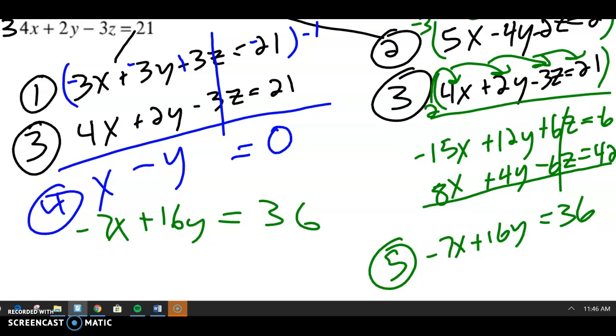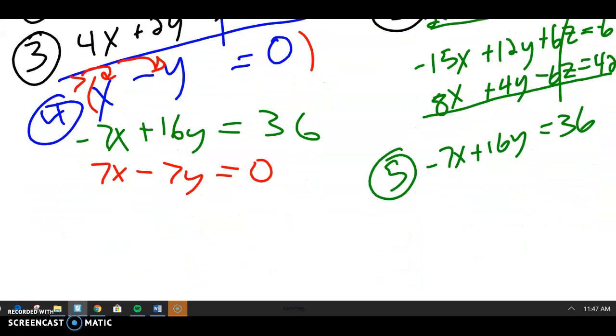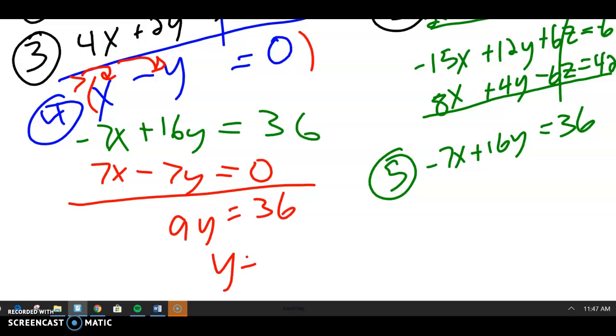We can choose either the x or the y to cancel. In this case, it looks easier to just multiply the top by 7. I end up with positive 7x minus 7y equal to 0. When I combine these, I get 9y equal to 36, so y is 4, because we divided 36 by 9.